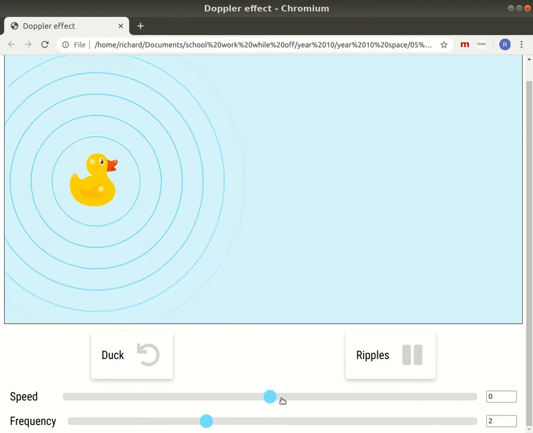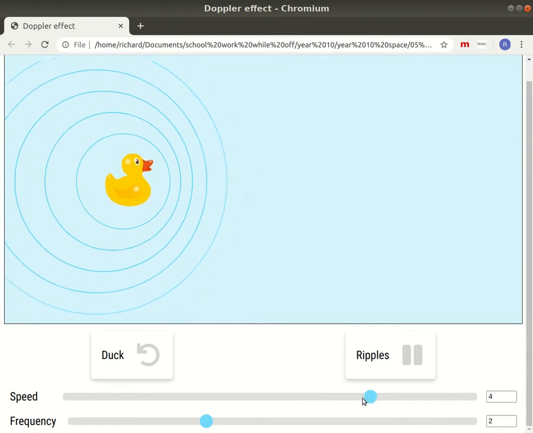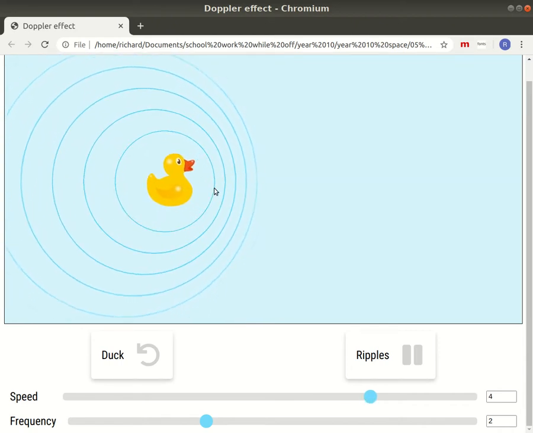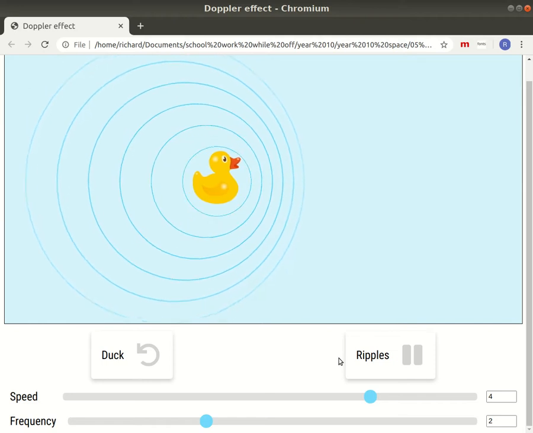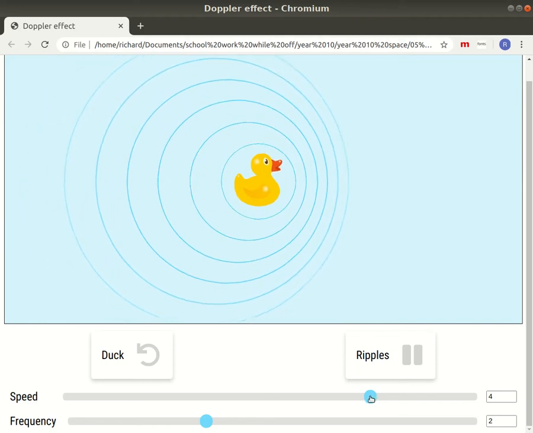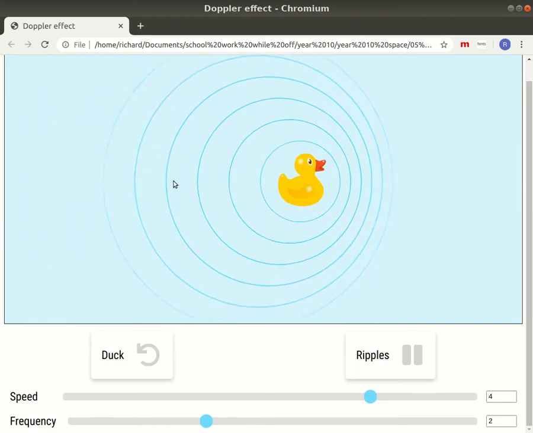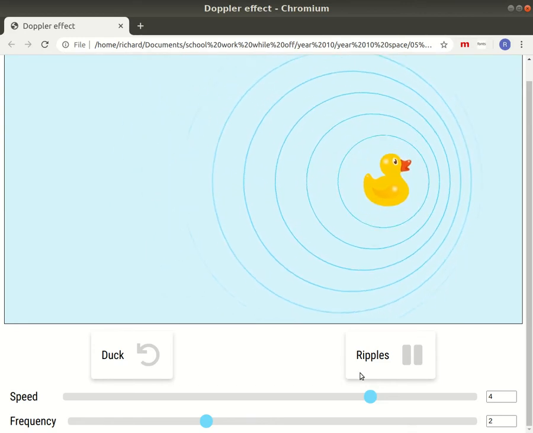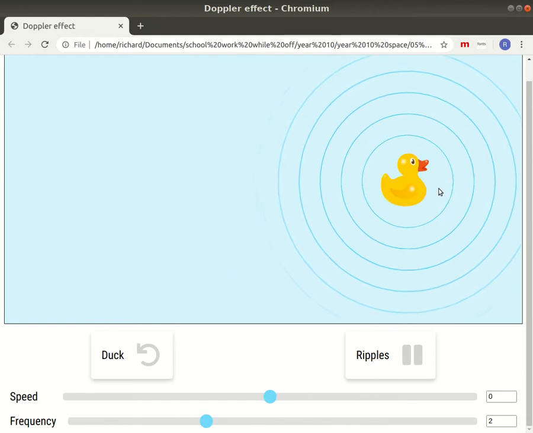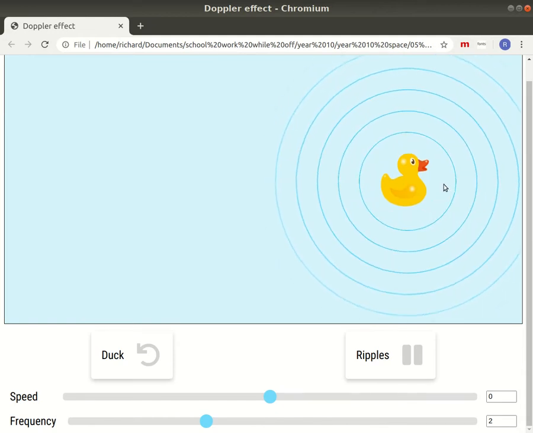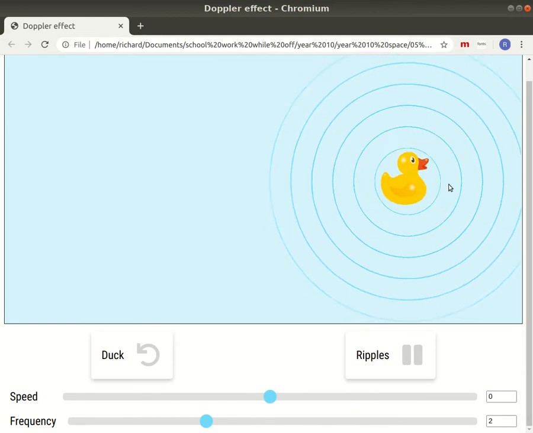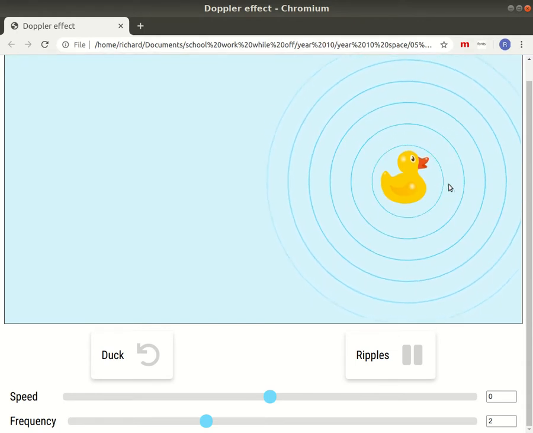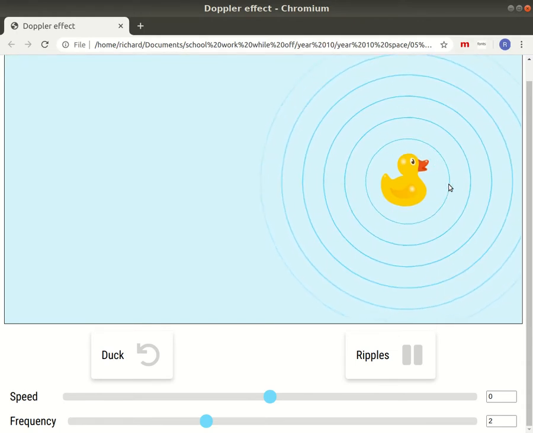If, however, the duck is moving, you'll see the waves in front become closer together and the waves behind become further apart. So the wavelength is effectively decreased, and that's because the duck moves forward in the time it takes before the next wave is made, and so it catches up with the previous wave a little bit.